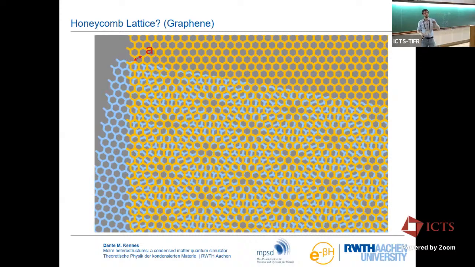And with that, you have controlled your lattice constant, your periodicity in your system, from this small, native carbon distance scale to this much enlarged lattice constant by just putting the two on top of each other.